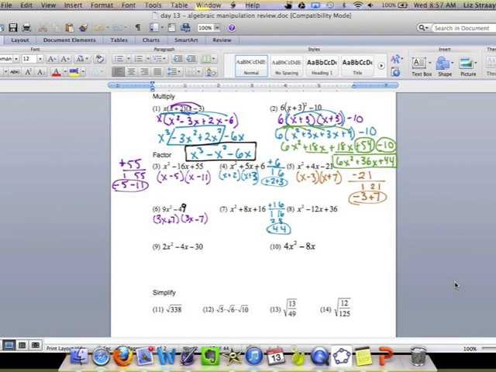And what would our signs be? Both positive? So it's really the same thing. So you could write your answer as x plus 4, x plus 4, but this is also really just x plus 4 all squared. I'll accept the answer either way. They're both correct. But writing them together is a little bit cleaner.